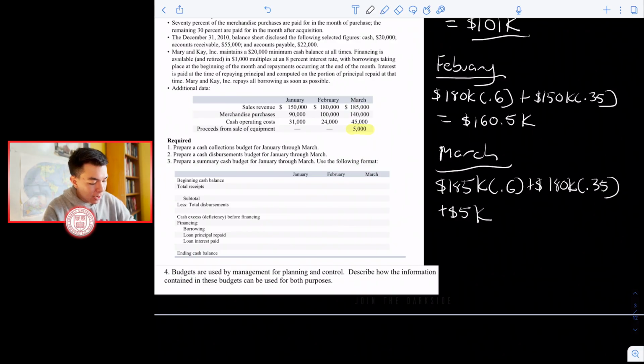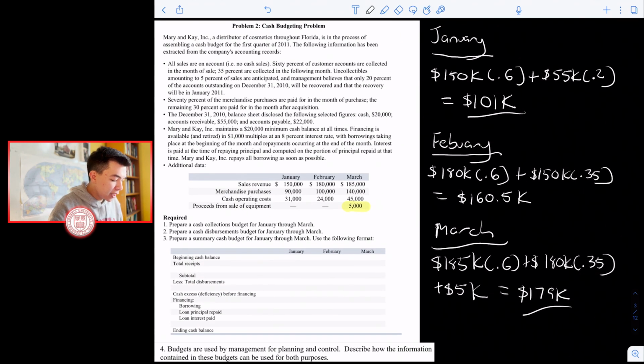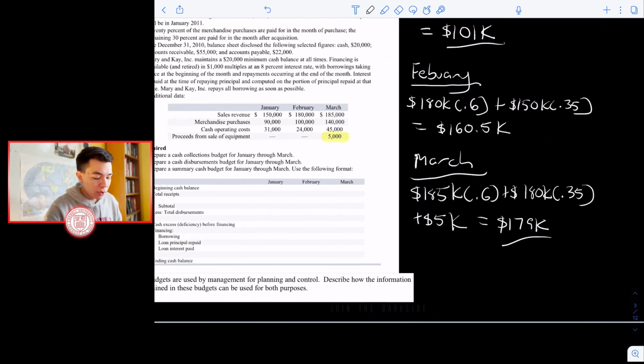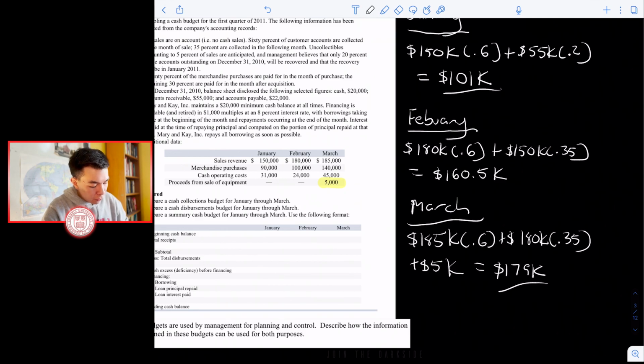So I'm gonna add that up, and I believe we get $179,000. And finally, remember, they're telling us to prepare a cash collections budget for January through March. So naturally, when they ask you this question, you gotta find it for January, February, March, and then find the total cash collections for all 3 months. So for Q1, which is January, February, March, we're gonna add these 3 up.